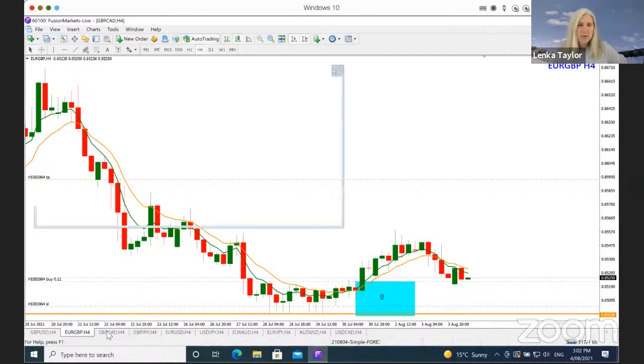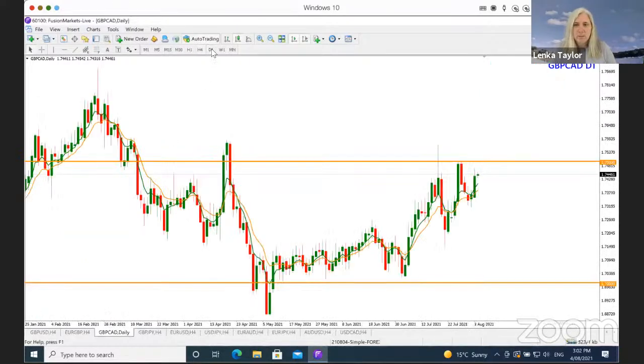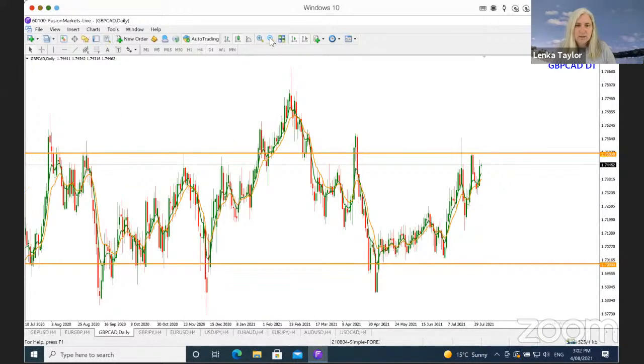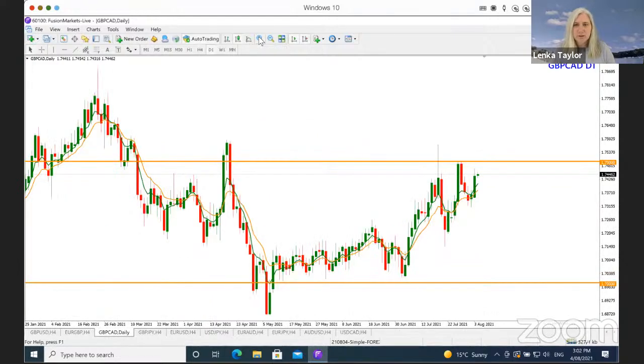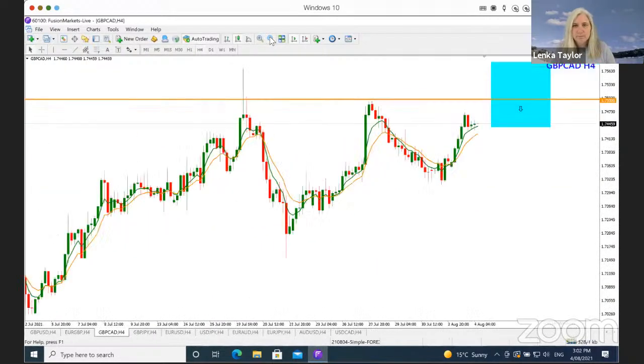Next currency pair I'm going to look at is GBP CAD. GBP CAD, I'm looking at a short, looking at the ranging market there. So looking at short of the top of the range. On the 4-hourly, I'm looking for a bounce off the top or as close to the top of that range as possible.